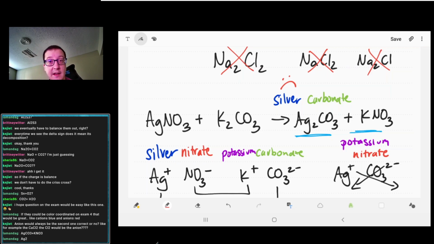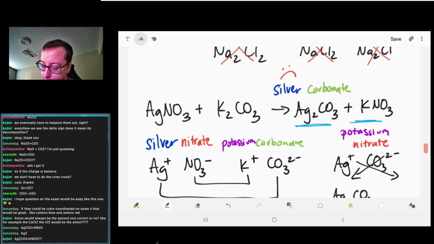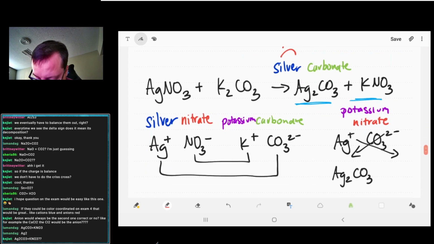So let's see another example of this. I'll leave it on this screen for another couple of seconds. So yeah, exactly. So you should get a silver carbonate, so Ag2CO3, and then potassium nitrate.